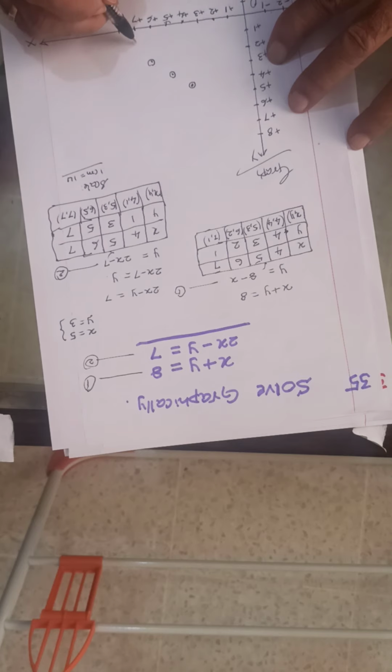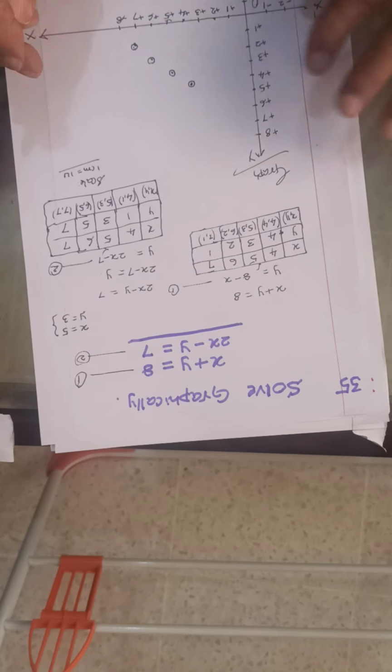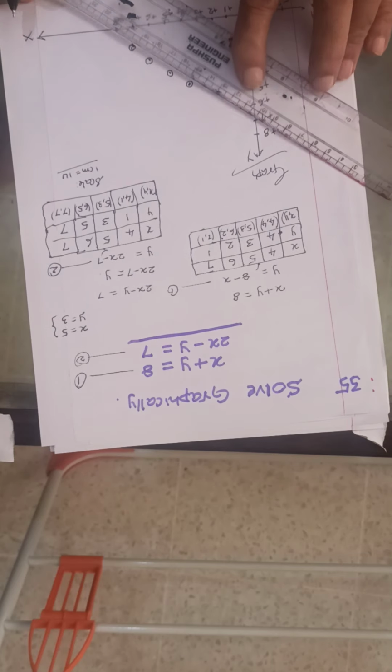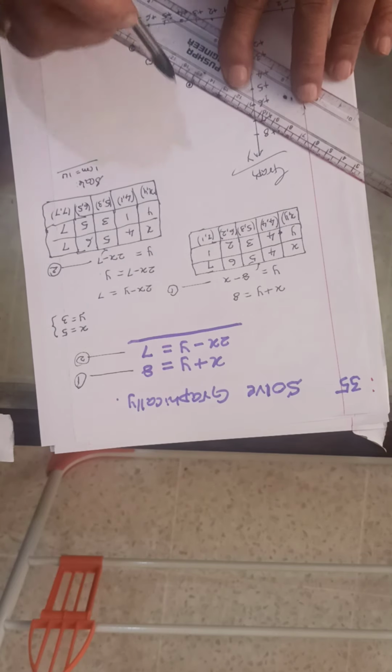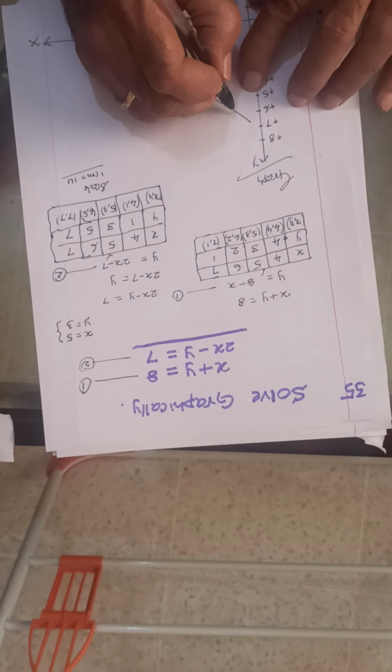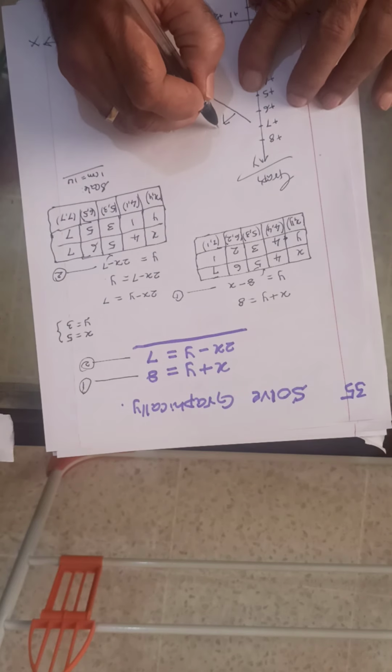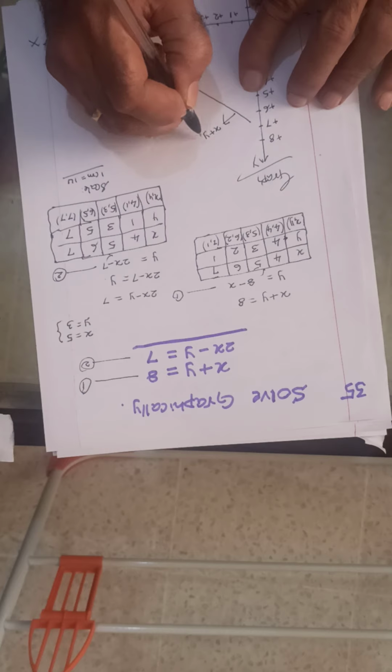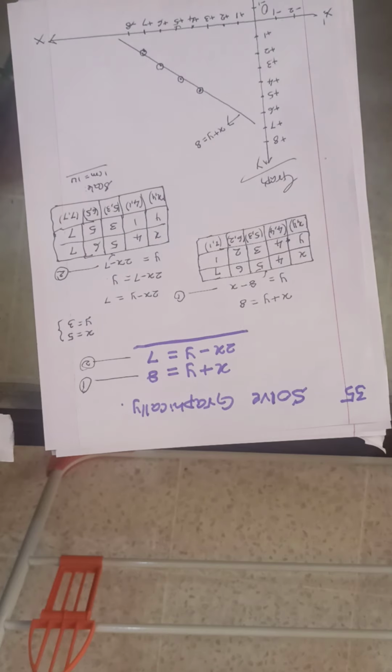Then 7, 1. Join these 4 points and you get a line. This represents the equation x plus y is equal to 8. So you will get another mark, 3 marks.